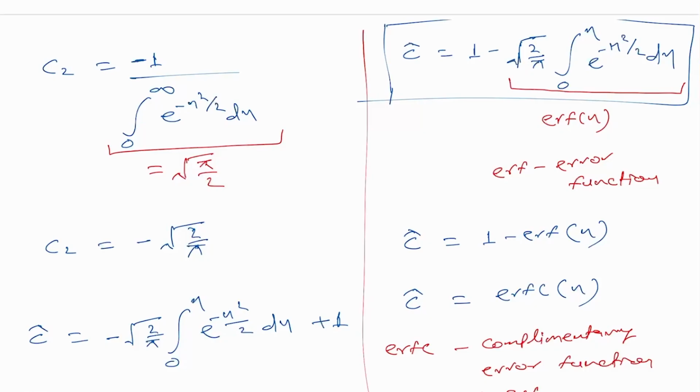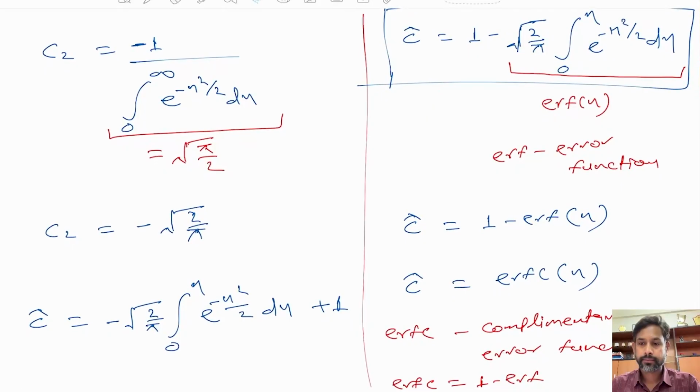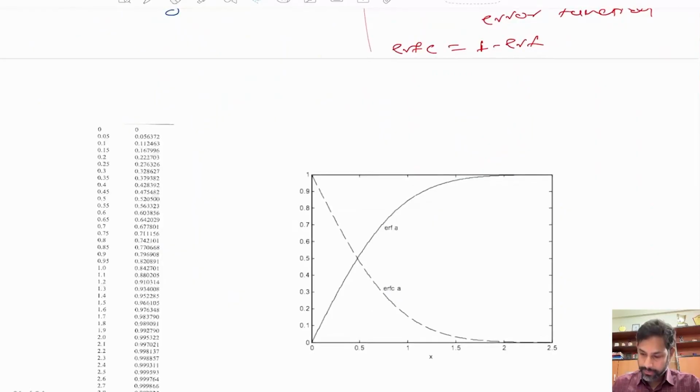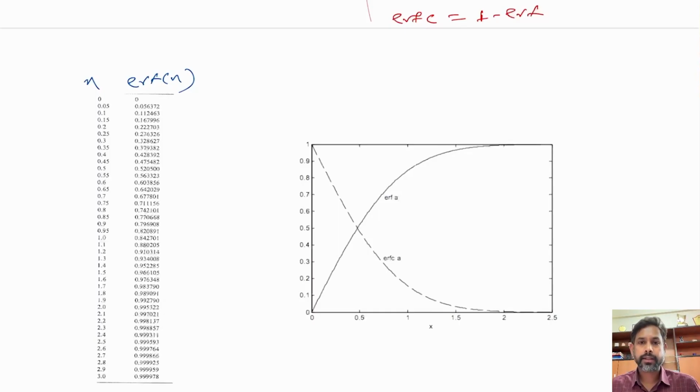And now let's look at the values of the error function and complementary error function. This function has a particular value at a given eta. So if you say this is your eta, this can be called our error function of eta, and you can see as eta increases, the error function increases in a particular way, and the same thing is given here.